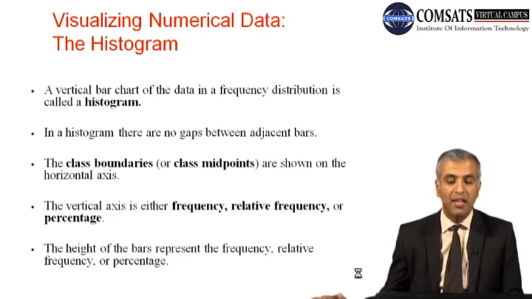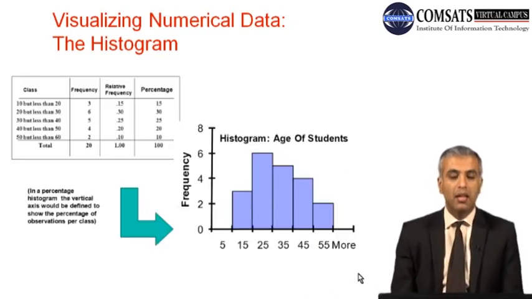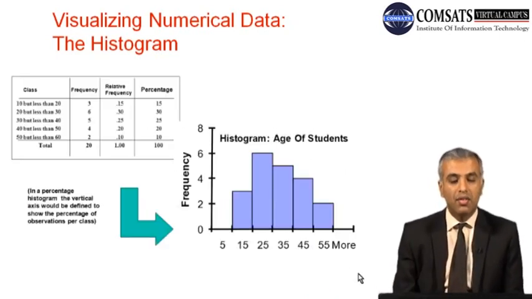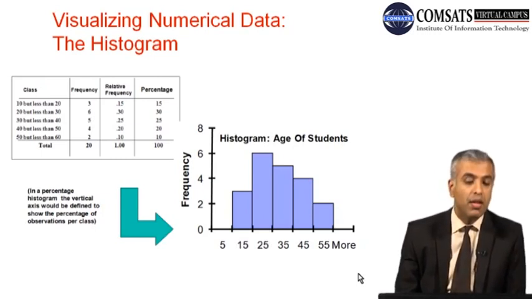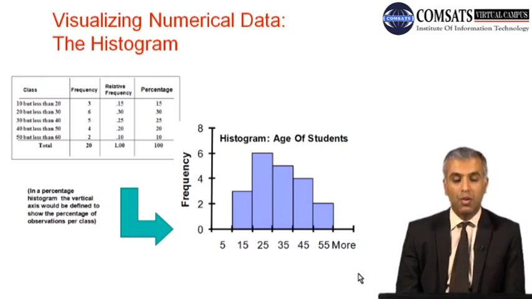So we can see it here. In this slide you can see that the class column displays the various class intervals, and the frequency is displayed here as we have discussed before. Now the relative frequency is also given in the chart, which is calculated by dividing the individual frequency, let's say in this case 3, by 20, which is the total frequency.